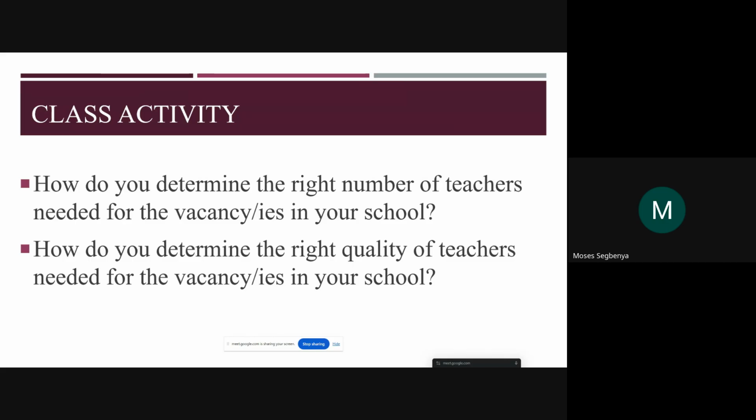If the rate is very high, it means that you can determine the ratio. If every semester you are adding 2 or 3 additional teachers, that should tell you the number of semesters that you have ahead and how many teachers you should be planning towards. So these are some ways that you can determine the number of teachers. What about the qualities? Any idea?